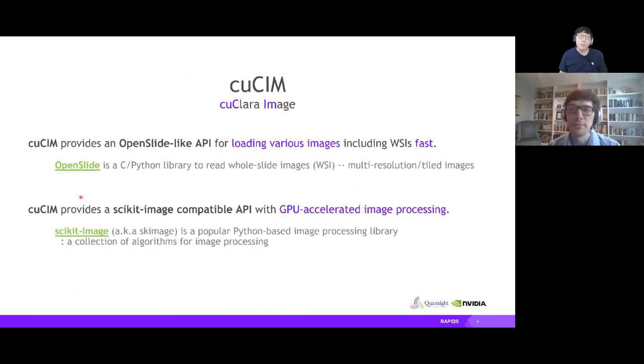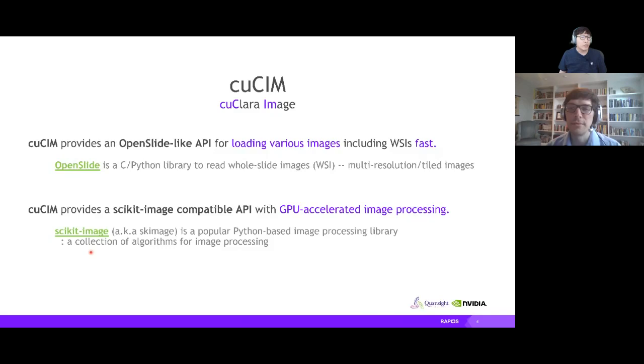First, OpenSlide is a well-known library to read whole slide images, which usually are image pyramid and tiled TIFF-like images. cuCIM provides an OpenSlide-like API for loading various image formats, including whole slide images, fast.